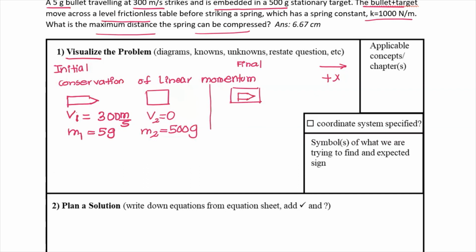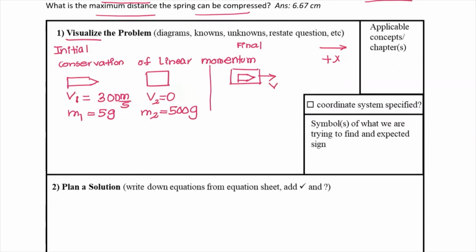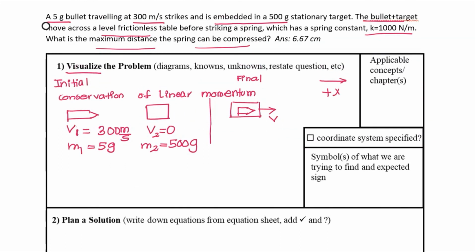I'm going to use Vs to denote the speed of the system after the collision. This is not the final speed of the system, so I don't want to confuse you, and that's why I'm using Vs. The system has a common mass of 505 grams.